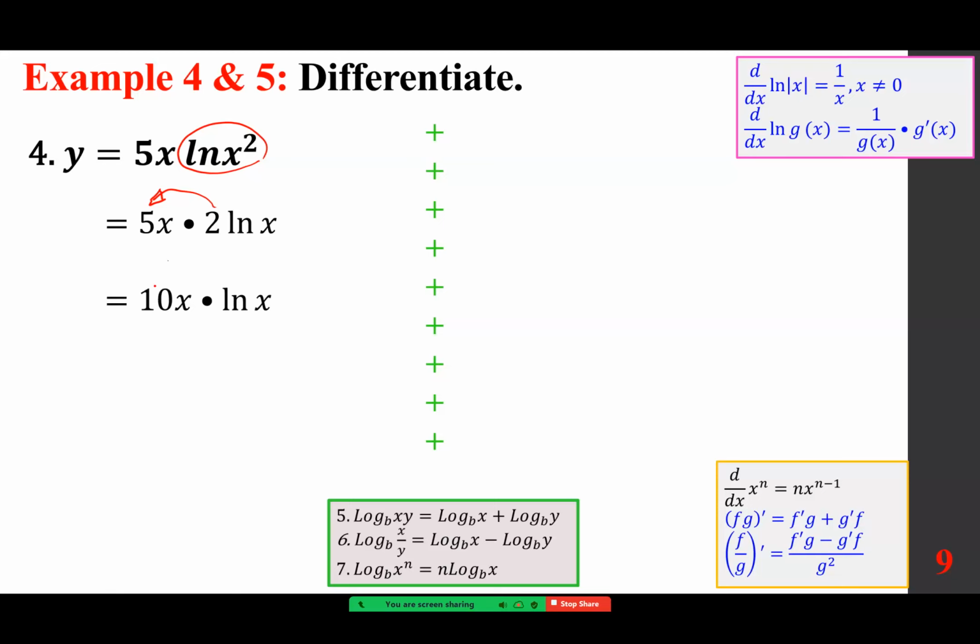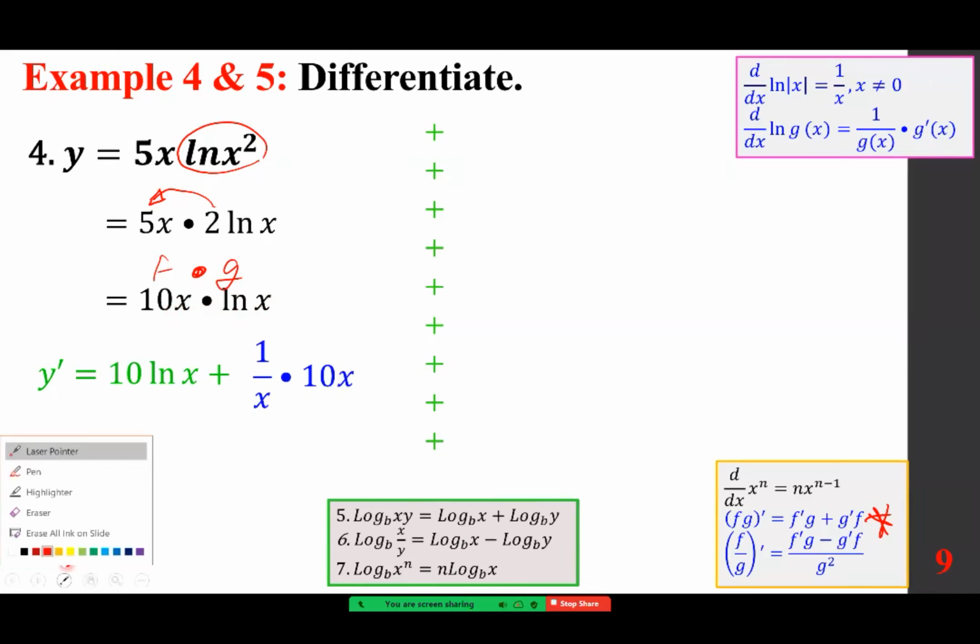I'm going to call this f times g. And I'm going to use the product rule on that, which means f prime, which is the 10, times g, ln x, plus g prime, that means 1 over x, times f, which is 10x.